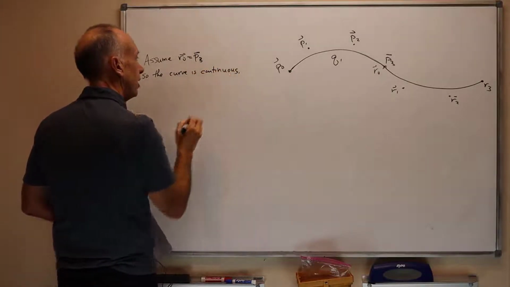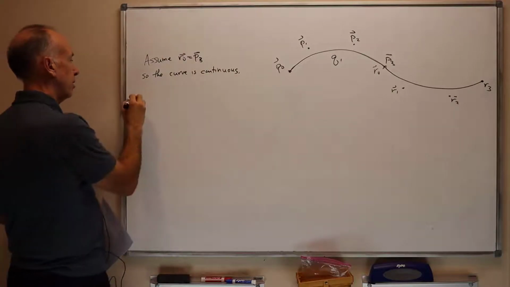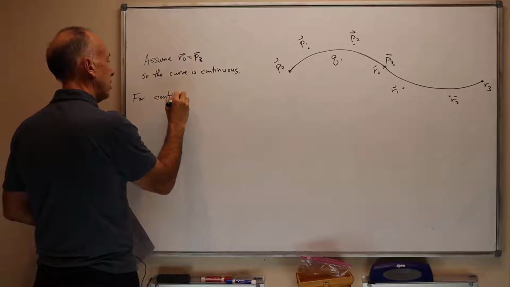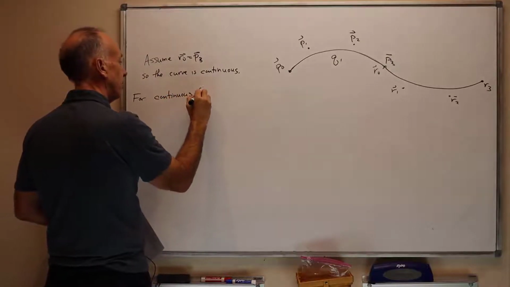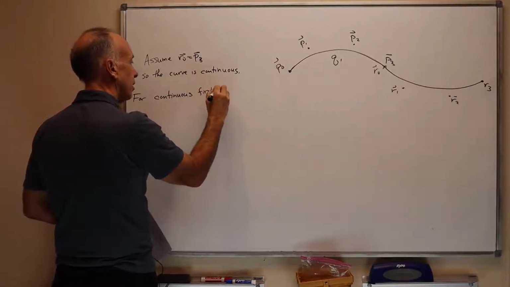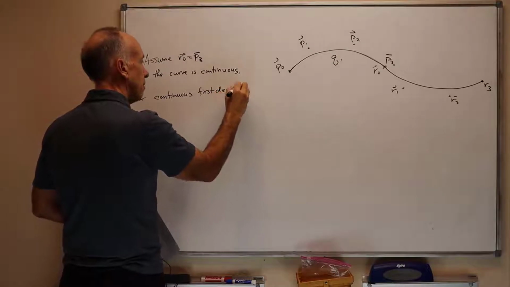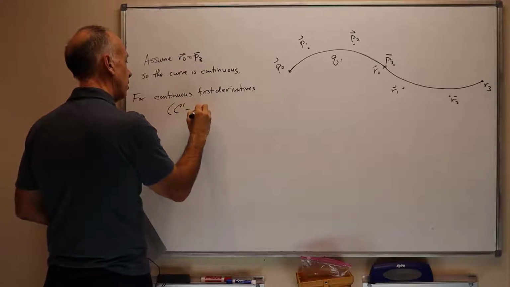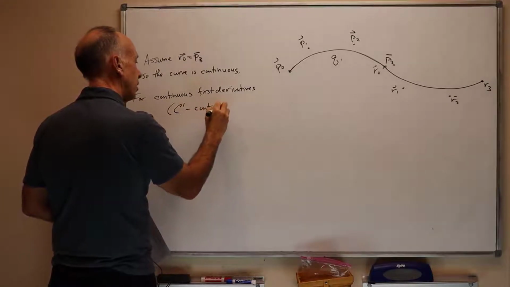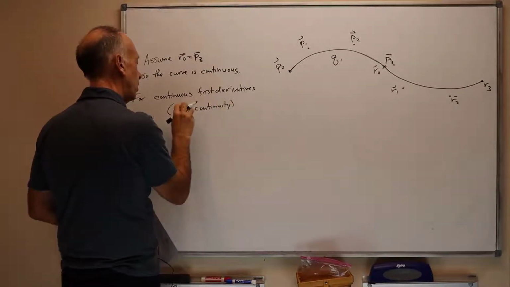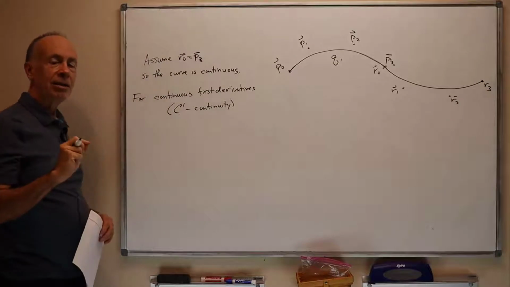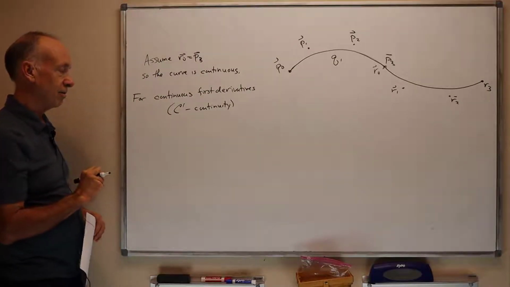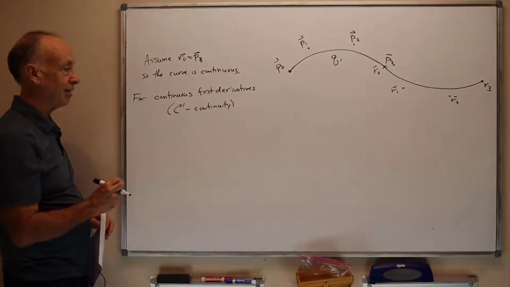So we'd like it also to have continuous first derivatives. This property is called C1 continuity. So C1 continuity, the 1 means first derivative. It means that the curve is continuous and its first derivative is also continuous, or first derivative is defined and continuous.